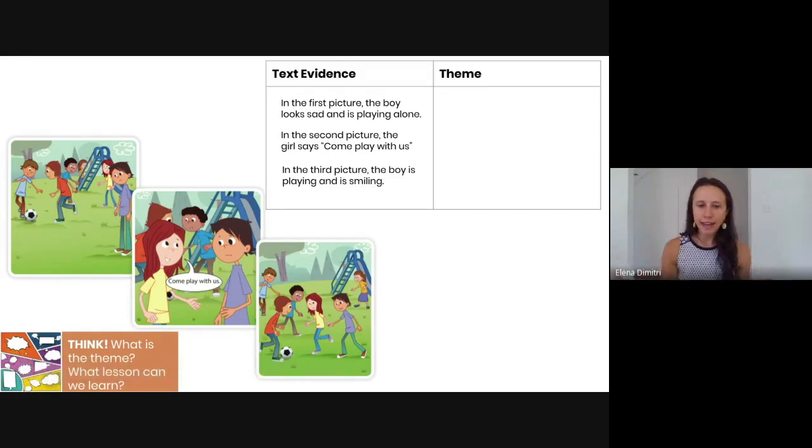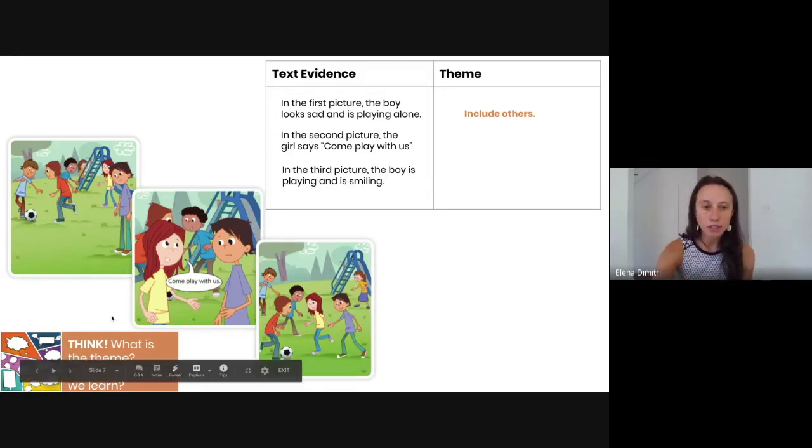So now I need to think to myself, what is the theme? What lesson can we learn from these images? The first theme I think that describes these pictures is to include others.